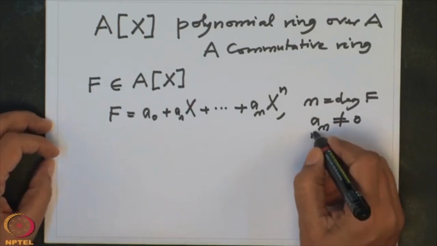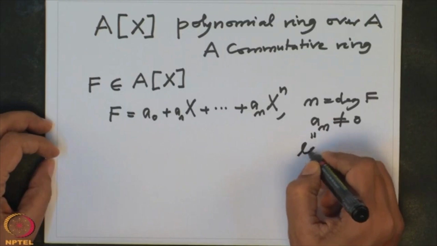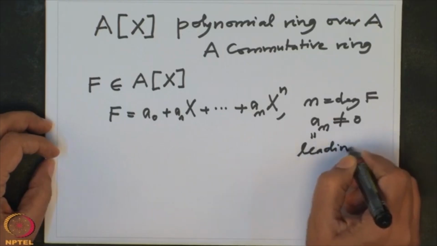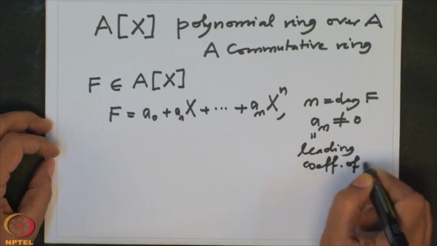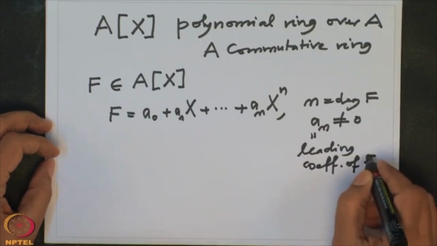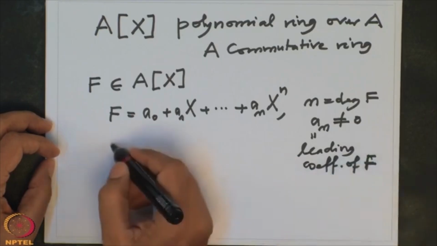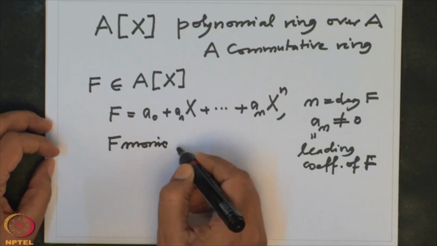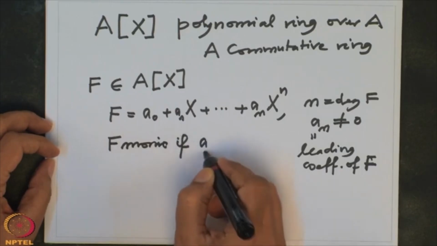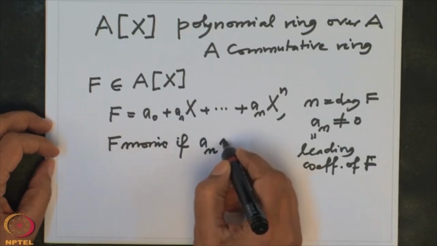This an is also called the leading coefficient of f, and we call f monic if an is a unit in A.